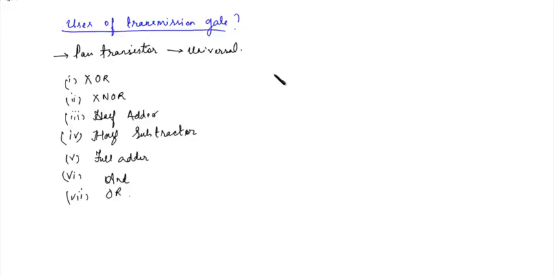You have to keep in mind the truth table of the output. If you know the truth table of the output, then from the truth table you can draw the transmission gate. By using transmission gate, you can draw a circuit. The detailed description has been given further while drawing these circuits, these gates.